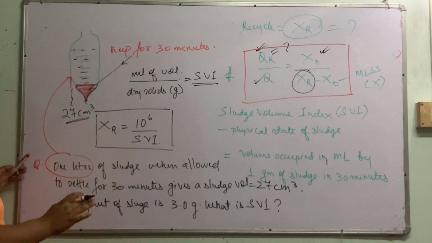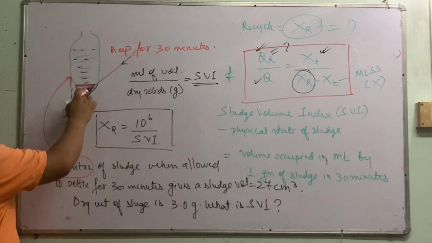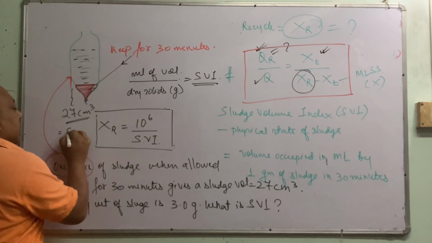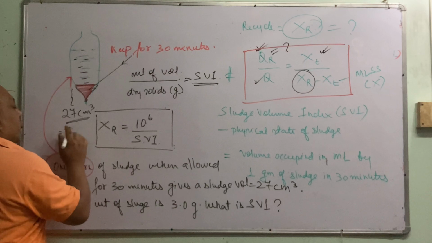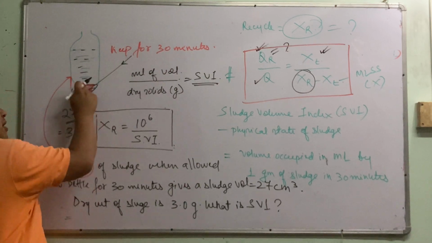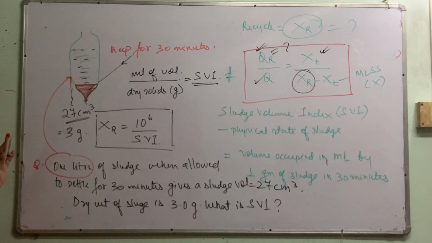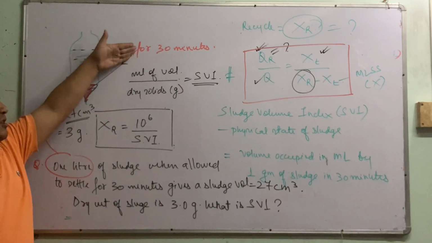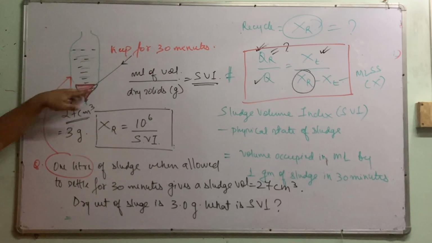Now this part is again dried and you weigh it, and it gives 3 grams. If you dry it in an oven at 105 degrees centigrade, as I explained in the practical part, this will give 3 grams. But the volume occupied is 27 centimeter cube when kept for 30 minutes, from the complete 1 liter of the sludge.